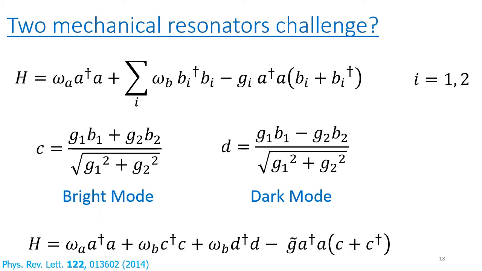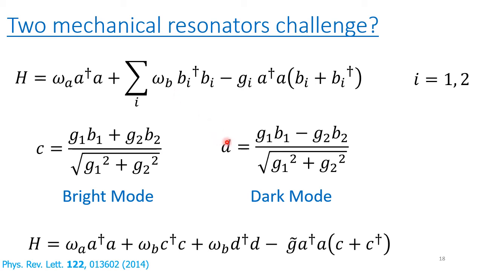Now, in the literature it is well known that if more than one mechanical resonator is coupled to the same cavity mode, it is very difficult to cool down the mechanical resonators simultaneously, and it is not possible to cool them down if the mechanical resonators are degenerate.